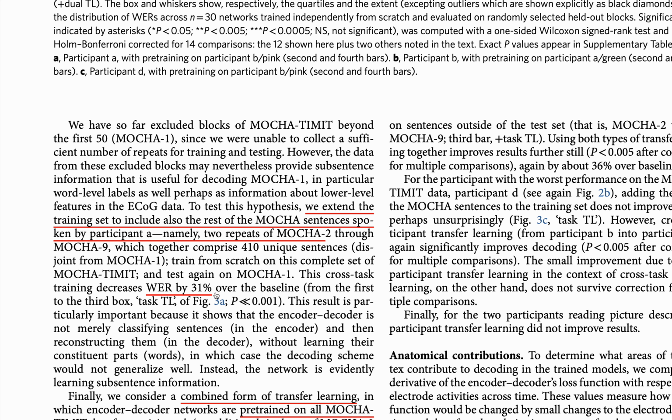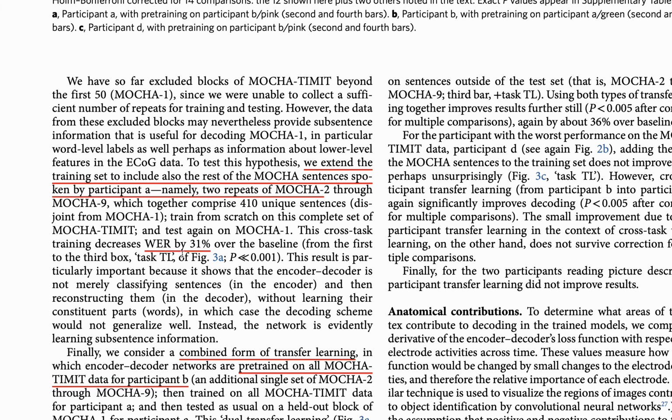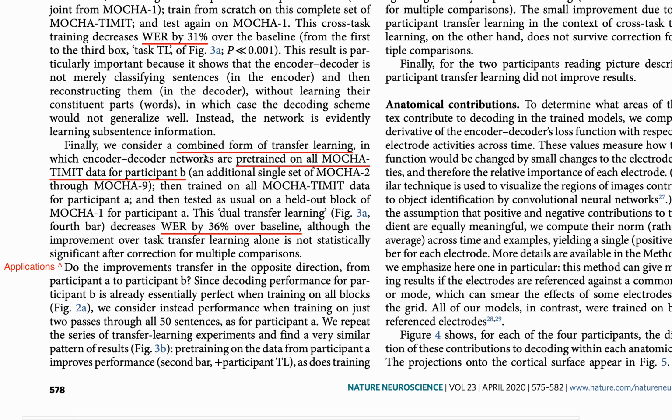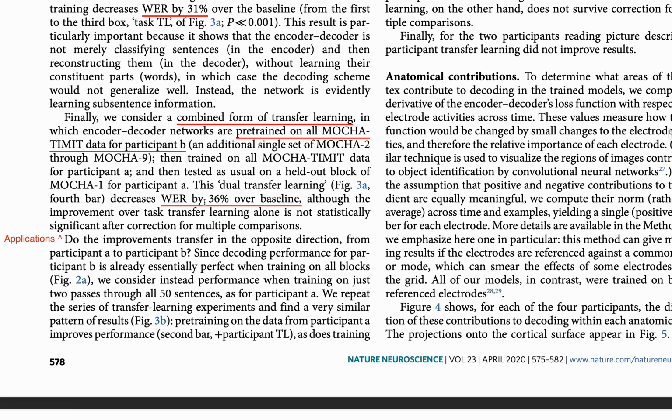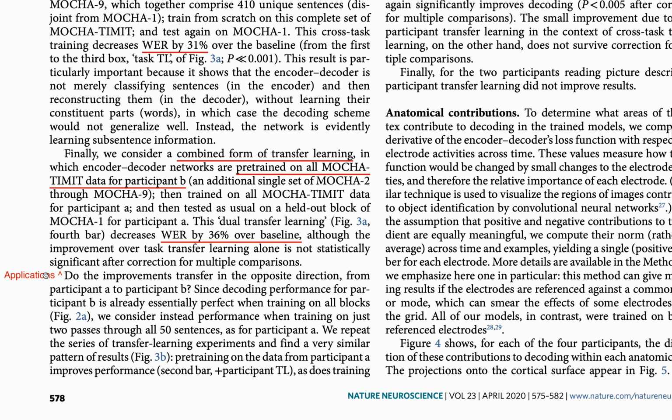Then for the same participant, the first thing I explained, they try to see if they have a repeat of the other data set, and that decreased the word error rate by 31%. And finally they try to combine the methods, and that decreased the word error rate by another 36%. So what is the application of this?